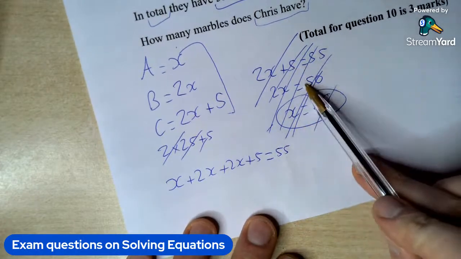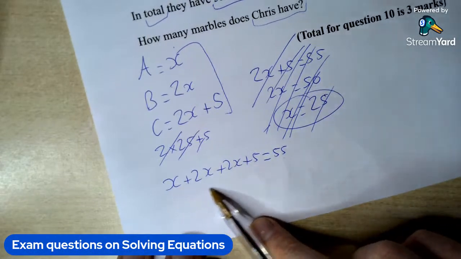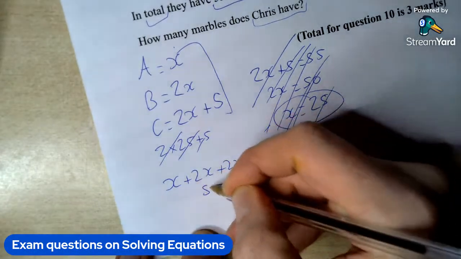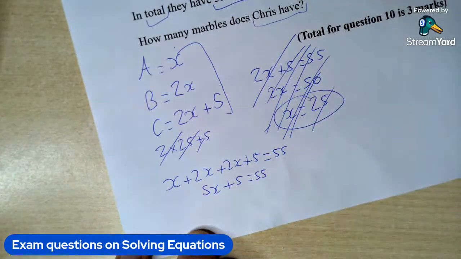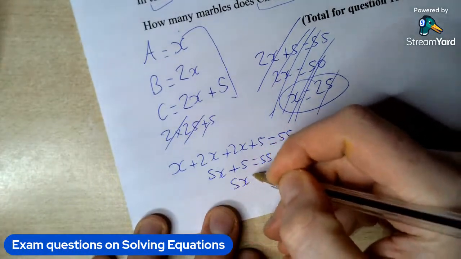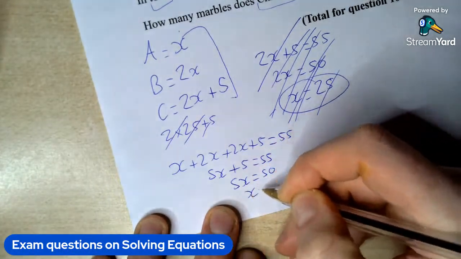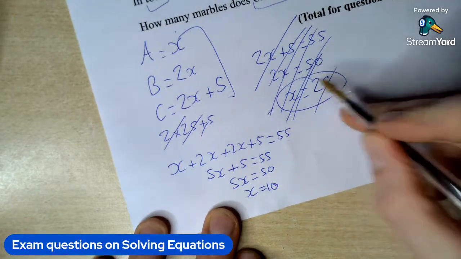What I was doing, I will need to do in a minute, but with a different number. So I'm going to simplify this first. So I've got 5x plus 5 equals 55. And then I'm going to solve it. So I'm going to take away 5 from there. So 5x equals 50, so x equals 10. And that number is going to go in that equation.